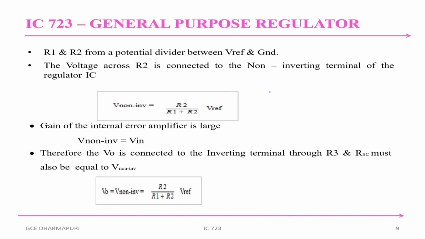Next, the gain of the internal amplifier is large, so V non-inverting is equal to V inverting. Therefore the V naught is connected to the inverting terminal through R3 and RSC, and must be equal to V non-inverting. So V naught is equal to V non-inverting, that is equal to R2 divided by R1 plus R2 into V reference.